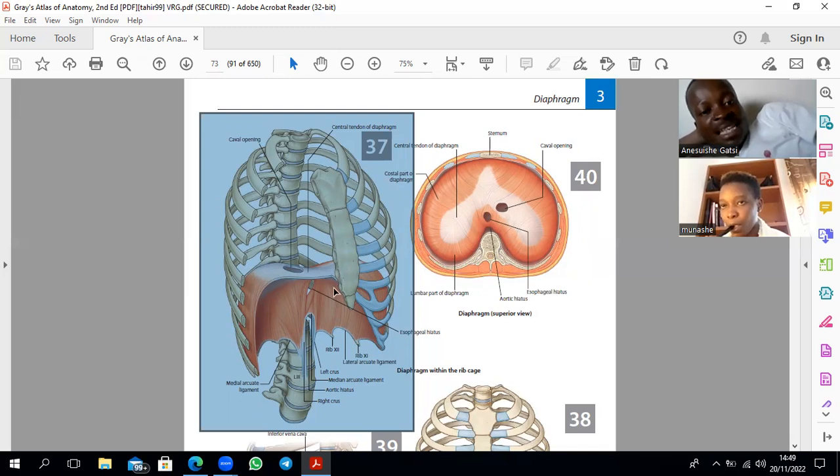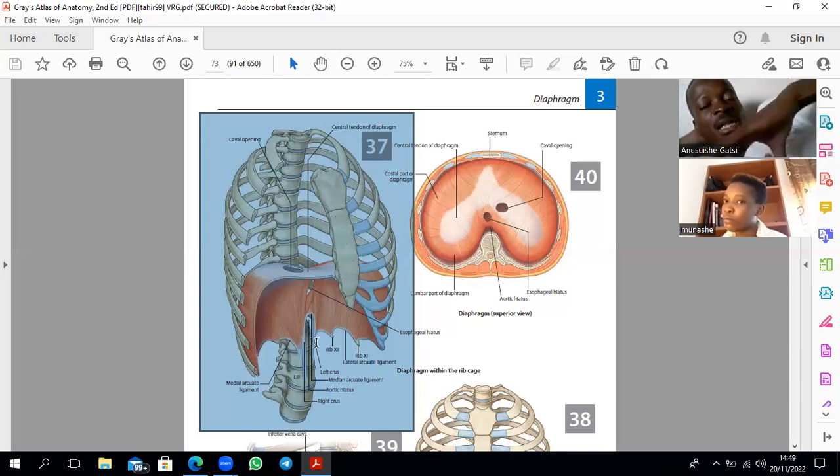Its anterior part is behind the sternum, particularly the xiphisternum, which is opposite T9. No, I'm interested in the posterior side. On the posterior side, the right crus is attached to L1, L2, L3, but the left crus is only attached to L1, L2. There's a reason for that.